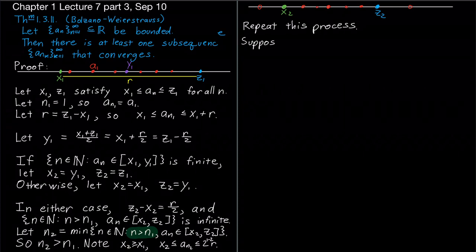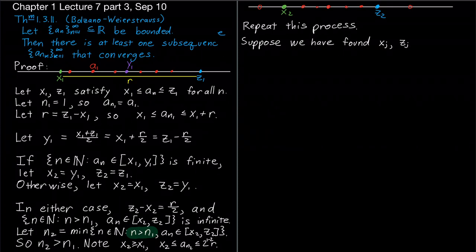So suppose we have found xj, zj, nj, and a sub nj with the following things true.